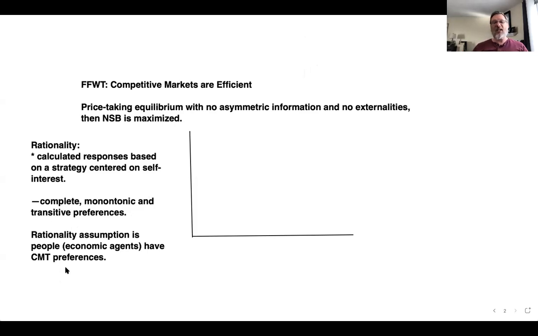But for the time being, you should just know that the first fundamental welfare theorem, that competitive markets are efficient, is based on the notion that people in the markets are going to act rationally in this narrow sense, that they're going to do what's in their own personal best interest.